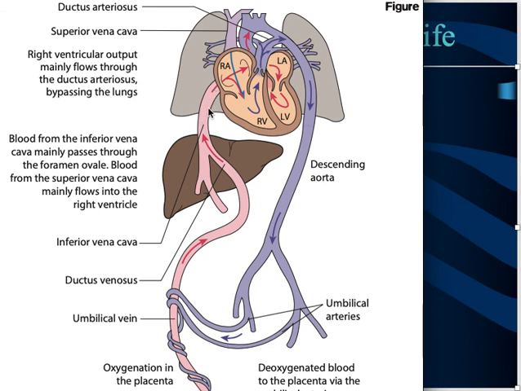See, the oxygenated blood enters the right atrium, and from the right atrium it goes into the left atrium, as there is an opening, the septal opening, which is a communication between the right atrium and the left atrium. Because at this stage we don't want the blood to pass through the lungs, as it's already oxygenated blood.